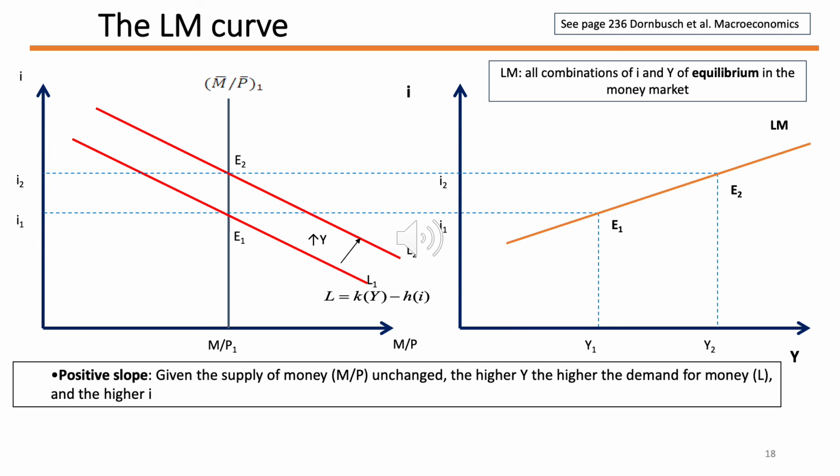Why is it important for economic policy purposes? Because any change in monetary policies, here represented by the vertical line on the left-hand side of the slide, will have an impact on interest rates and also on the level of income. We'll see that in the next few slides.